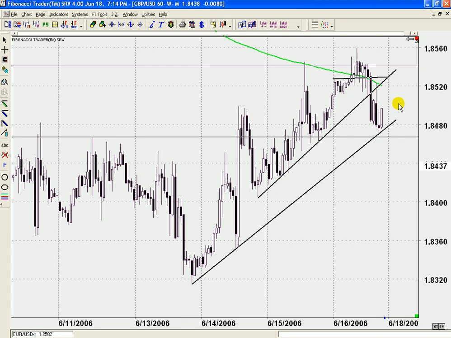Well, one place would be to simply draw our Fibonacci's from the high down to the low of this swing, and we're looking for areas of convergence.